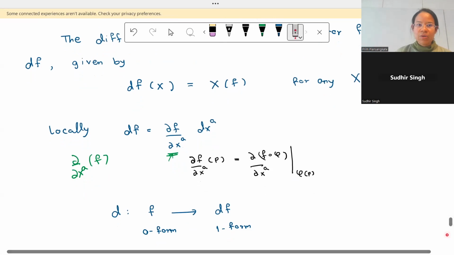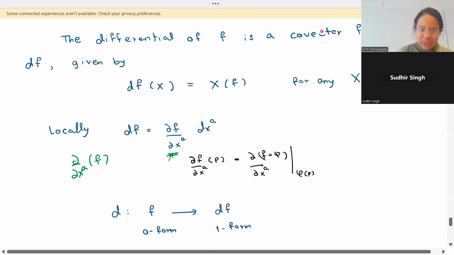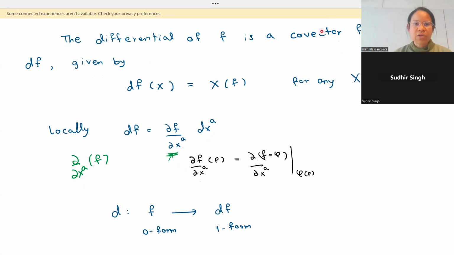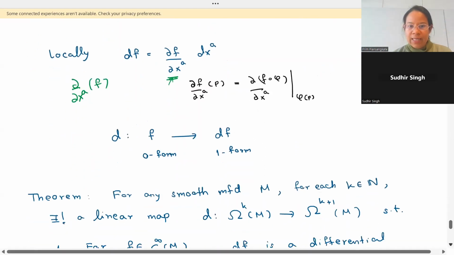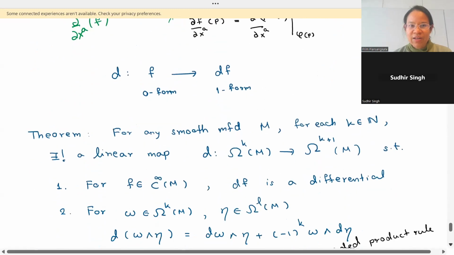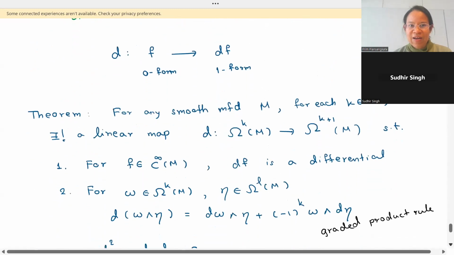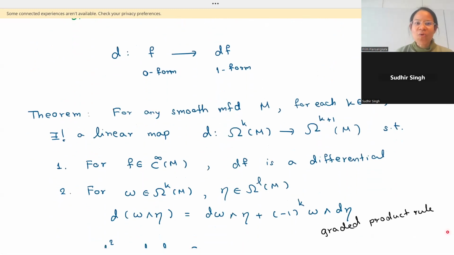Now, after we define the differential, if we look at a smooth function as a zero form, we can think of the differential as an operator that sends a zero form to a one form. Right? And then you could look for an operator that maps any k-form to a (k plus one)-form.